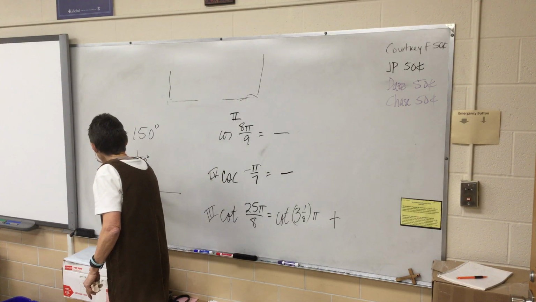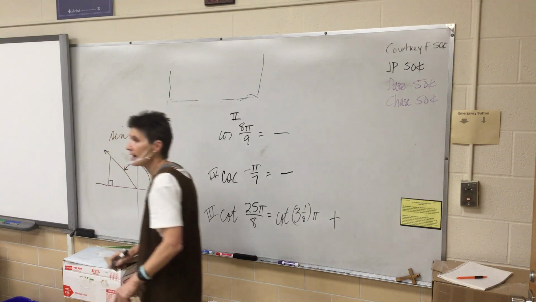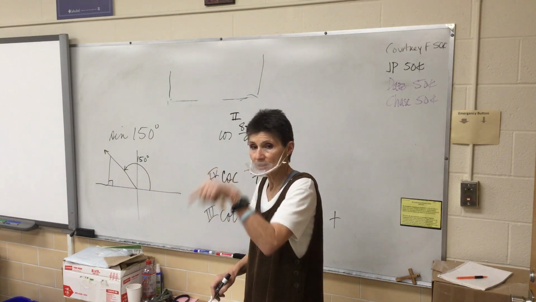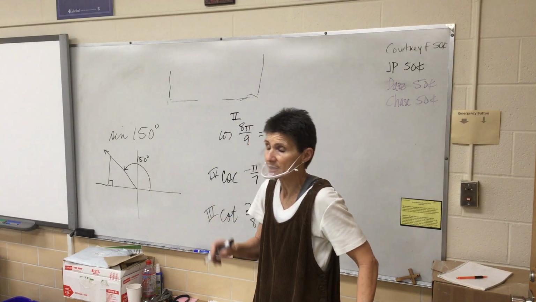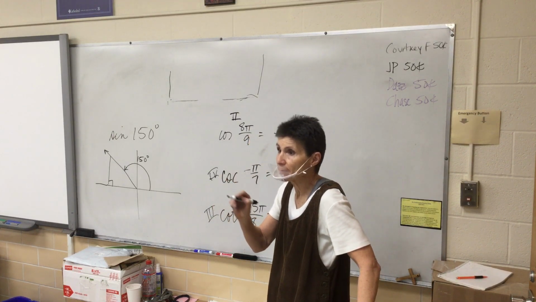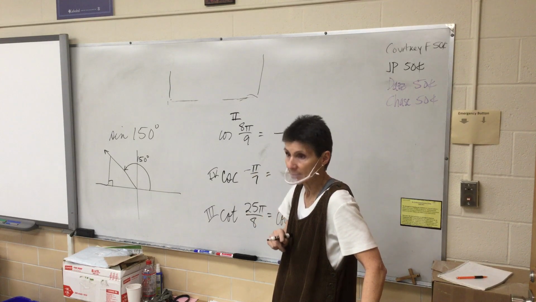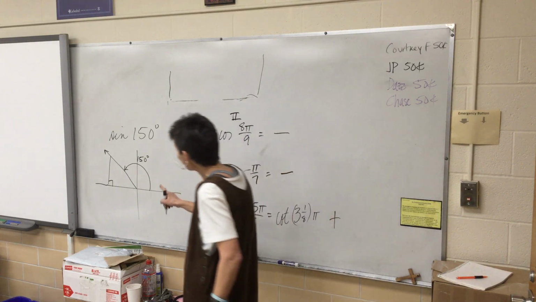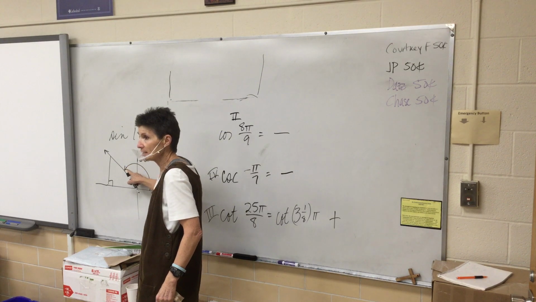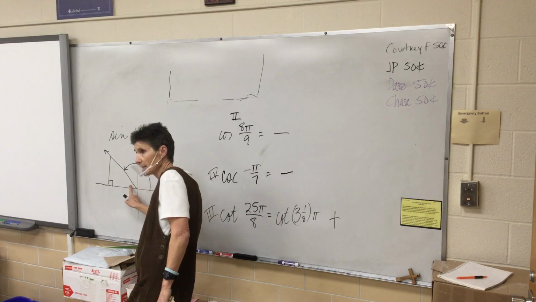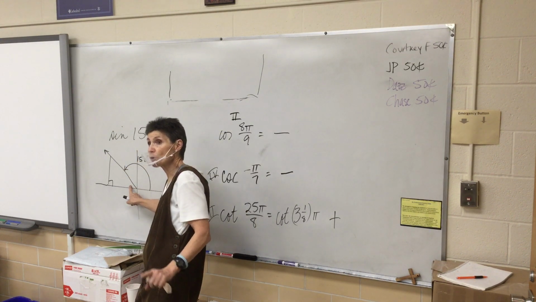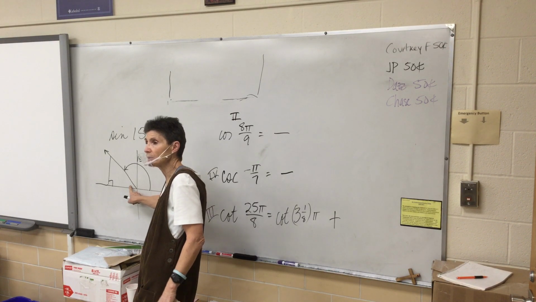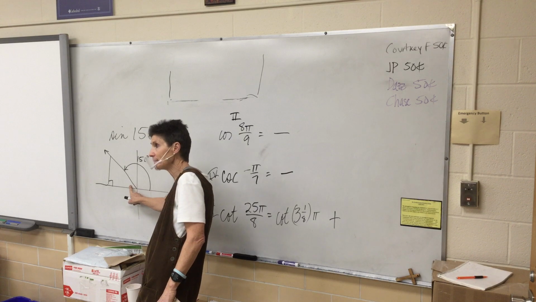Now I'm going to drop that perpendicular straight down, creating a right triangle sitting on the x-axis, one of my butterfly bow tie wings, right? And if that's 150, this little guy, which is called the reference angle, is how big? 30?